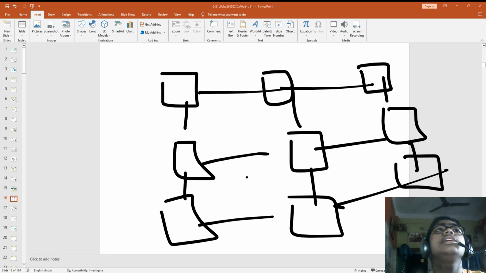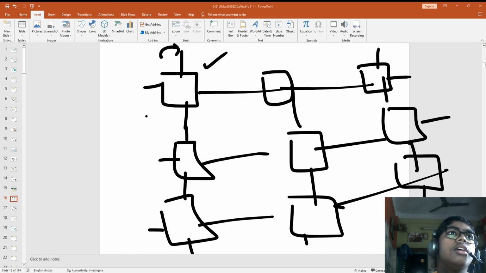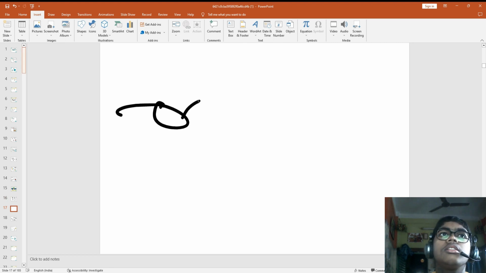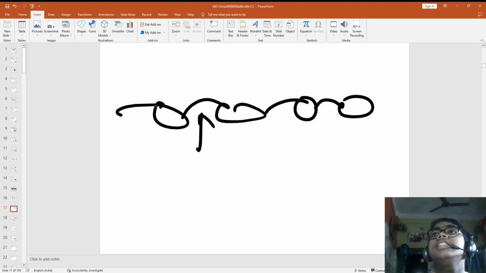So a cross-linked structure is ready. Cross-linked means what? See, in this particular monomer, one chain is here, one chain is here, one chain is here. But in case of linear, there is only one chain between the monomers. Or two chains, sorry, two chains.